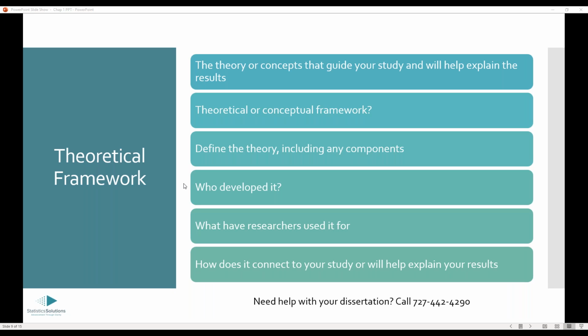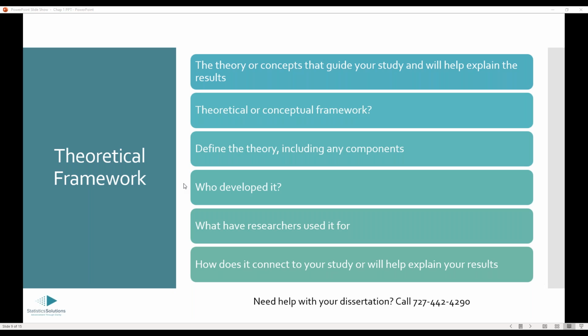Usually what comes next is a theoretical framework or conceptual framework. People get thrown by the term framework. Usually it's just the theory or the concepts, if it's quantitative or qualitative, I'm sorry, that serve as the theoretical basis for your study.